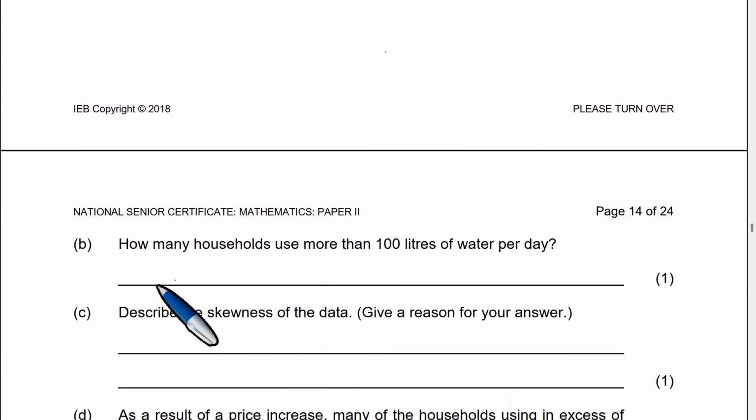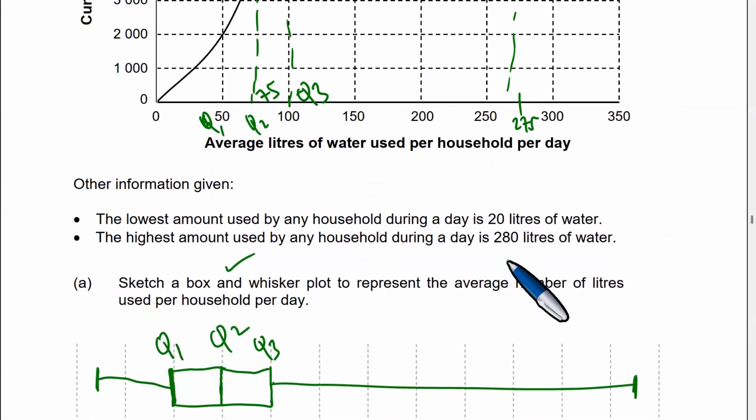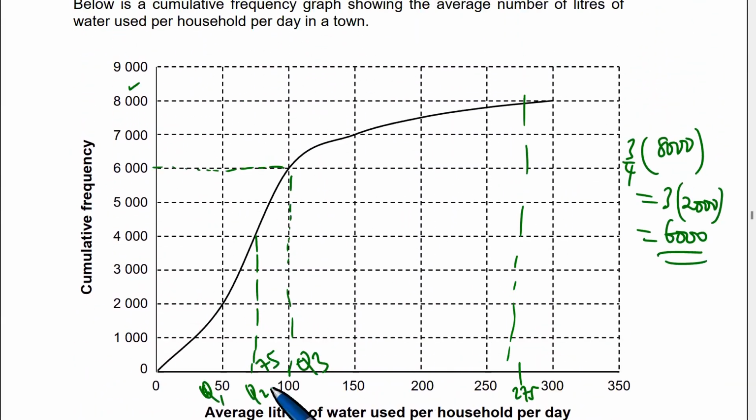Next question. How many households use more than 100 liters per day? Let's look at this. If you look at the cumulative frequency, average liters per day per household, at this point you would look at 6,000 to 8,000. 6,000 here at 100 liters, more is going to be up to 8,000.